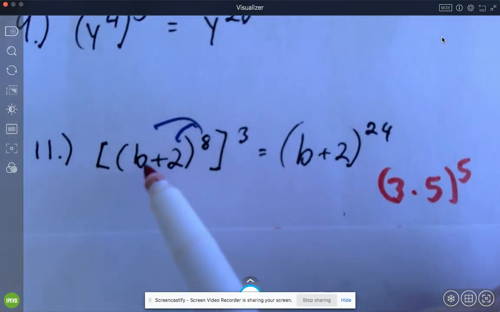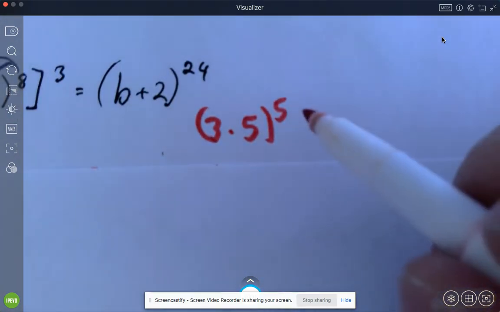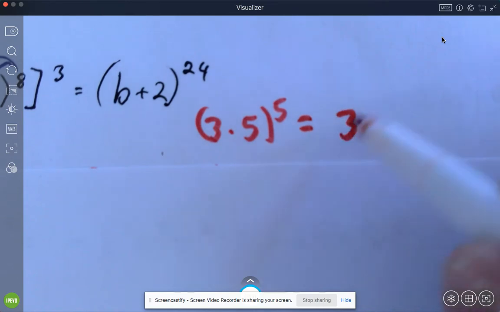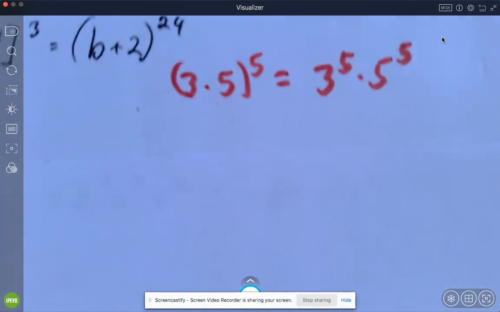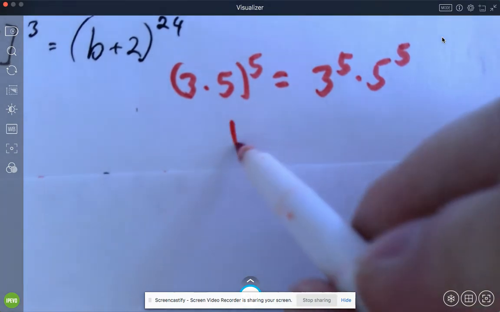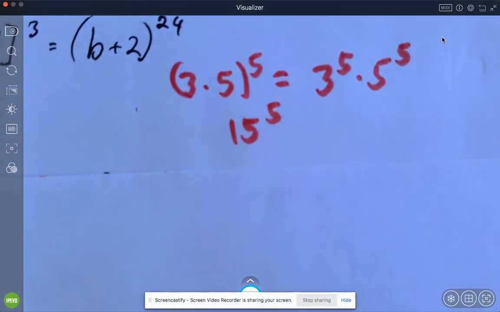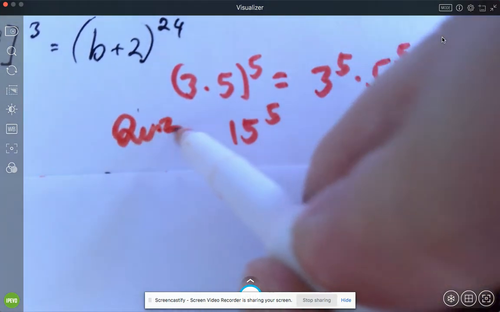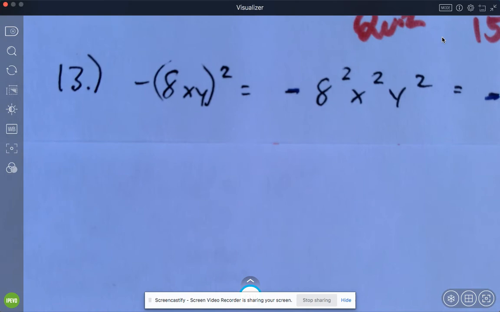So you can't distribute the power there, but here you can. So you can write this one of two ways. 3 to the 5th times 5 to the 5th. Or on the quiz, if you want to do 3 times 5, which is 15, and then raise to the 5th power. So again, this is what you'll see on the quiz. A little inside information.